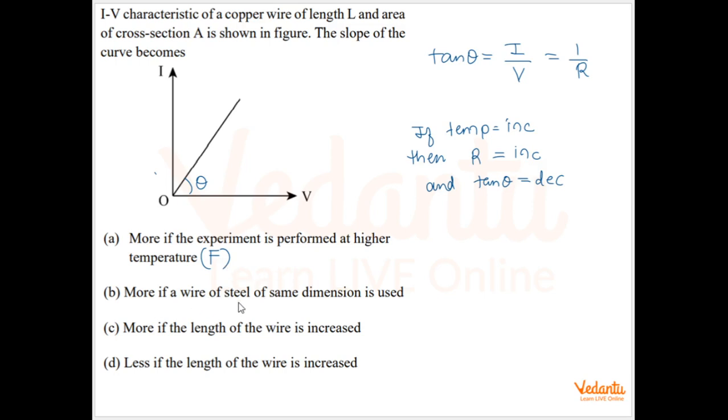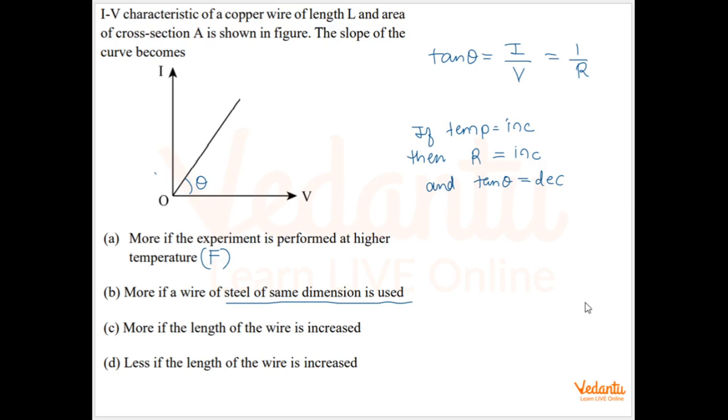more, if a wire of steel of the same dimension is used. Now here, what you have to remember is that copper is one of the best conductors out there. The only conductor which is better than copper is silver.